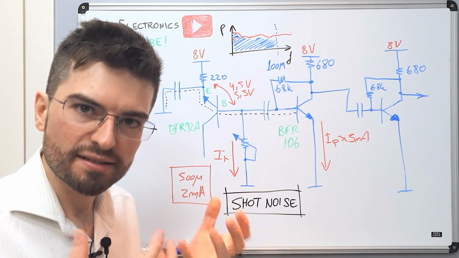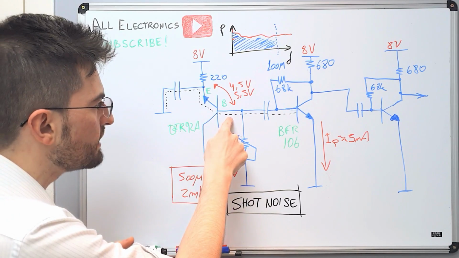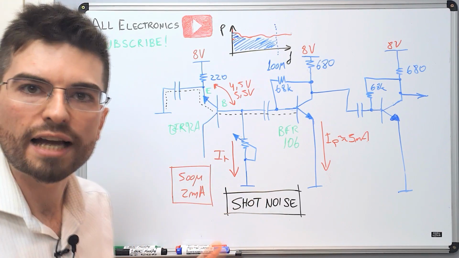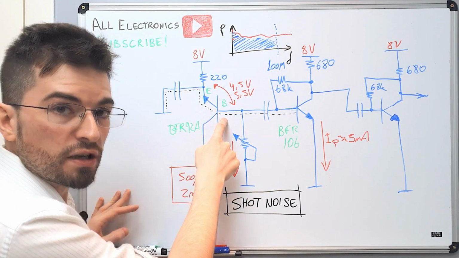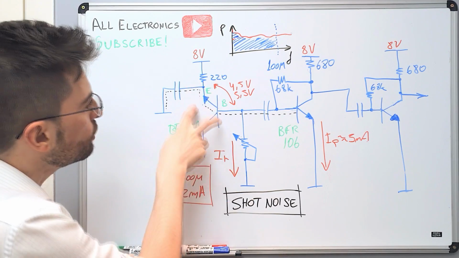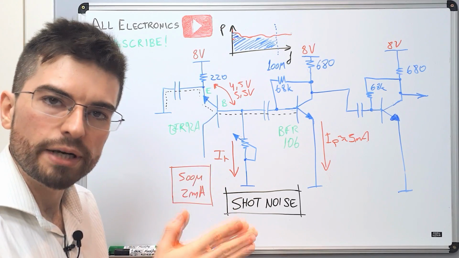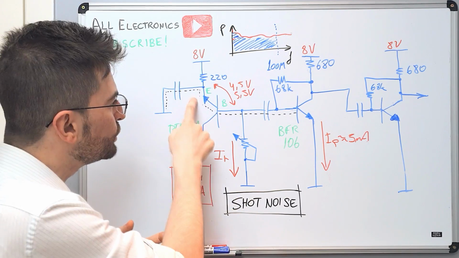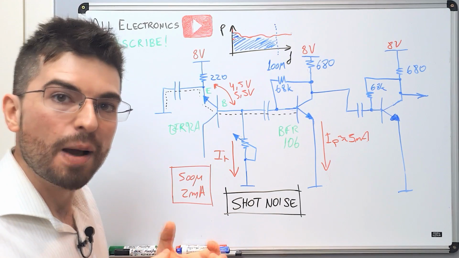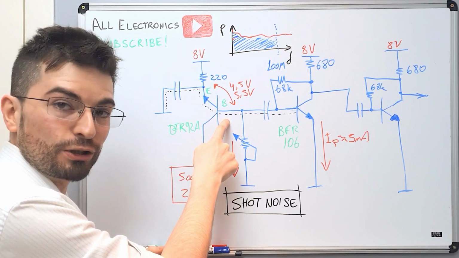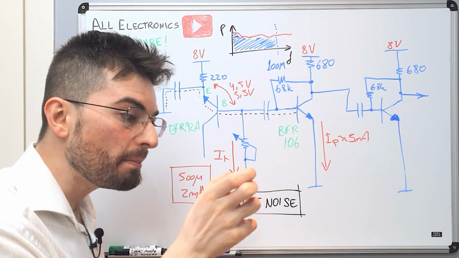So this quantization effect, when looked at from the perspective of an electrical circuit, looks like noise. All the electrons crossing the junction potential are modulating the voltage over the PN junction in a discrete and randomized way. We don't know when an electron is going to jump the potential barrier, and we actually don't know how many electrons are going to jump in an amount of time.